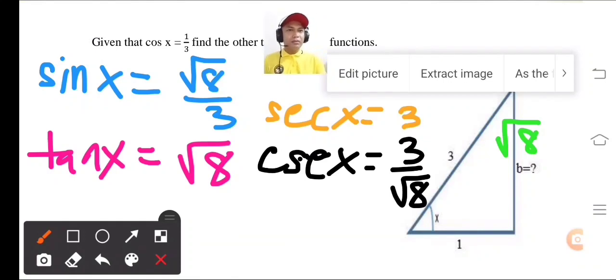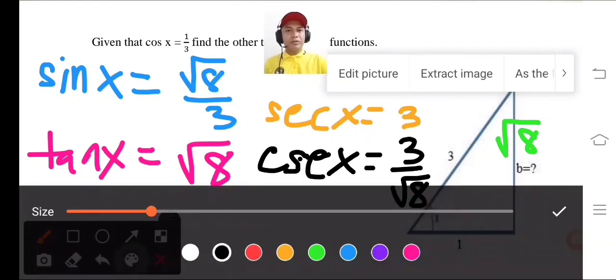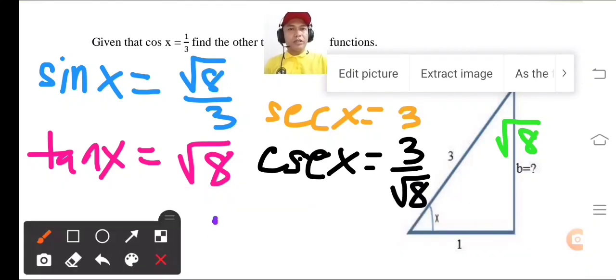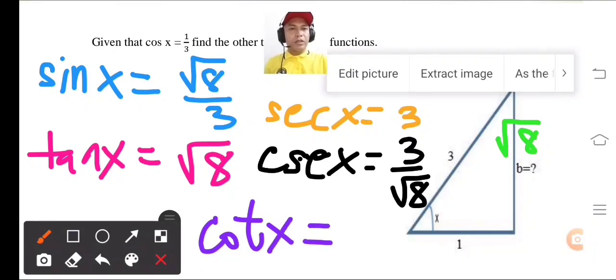For cotangent x, we know that cotangent x is a reciprocal of tangent x, so that is 1 over square root of 8.